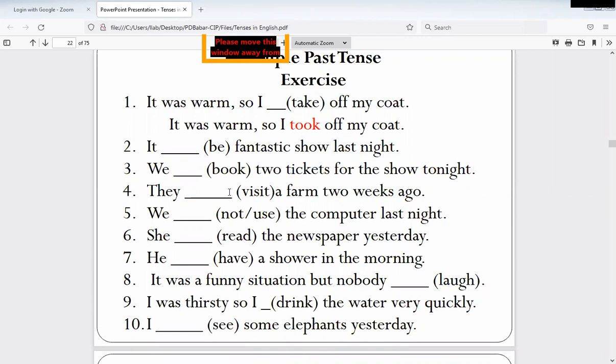But we are considering it as a negative sentence, and that's why we have to pick out did, and the main verb remains as it is. So we did not use the computer last night.